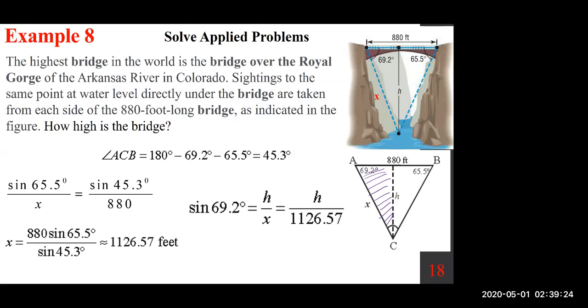By the way, this is not the only way, but this is the fastest way. Now cross product will do the job. So h is 1126.57 times sine of 69.2, with a bunch of decimals. It's good practice to write it with a bunch of decimals, and we get the height. Sounds good? Everybody okay with that?